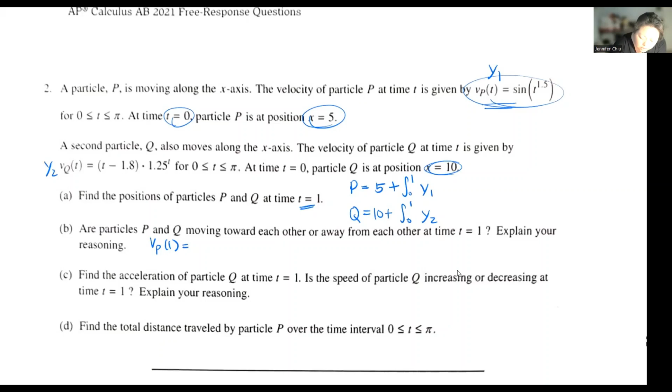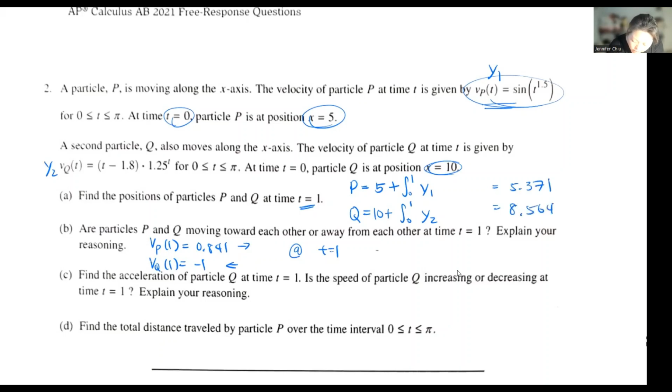Plug in the 1, you get 0.841. And then plug it in for Q of 1, you get -1. So this one's moving right, this one's moving left. So then at t equals 1, when you figure it out, your answer is about 5.371 on the first, and you have 8.564.